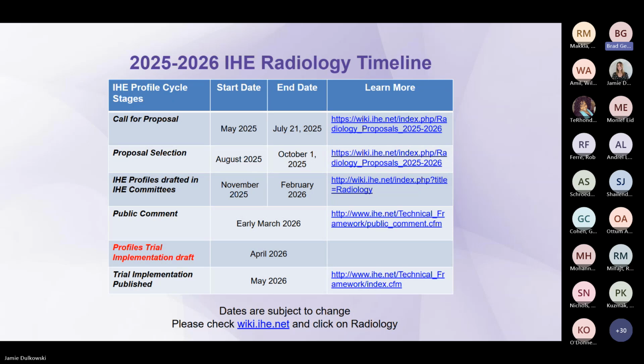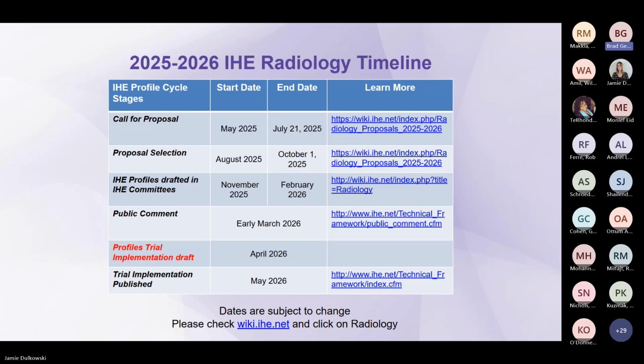Once we've got these proposals in, the committee will consider them. We will ask for detailed proposals. The technical committee will review those and do an assessment on these. They'll be presented back to the planning committee on October the 1st for approval for the 2025-26 year. That work will begin. The committee will meet in November, the tech committee, and we'll walk through creating those profiles and potential white papers.